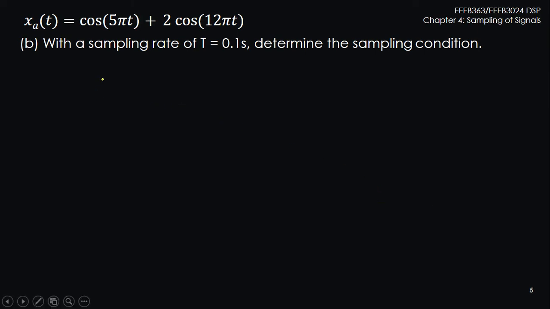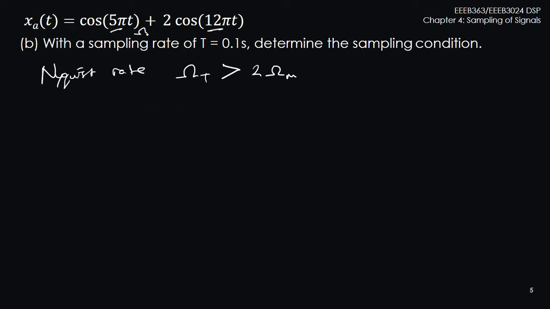Now let's move on to part B, which is the sampling rate. To determine the sampling condition, we're looking at the Nyquist sampling rate. The Nyquist sampling rate simply states that your sampling frequency should be at least double the maximum frequency of the signal. So here you have two components. We have to test both of them.